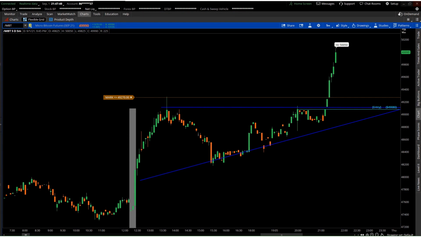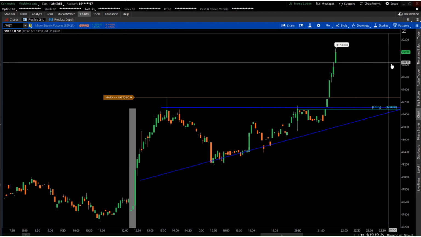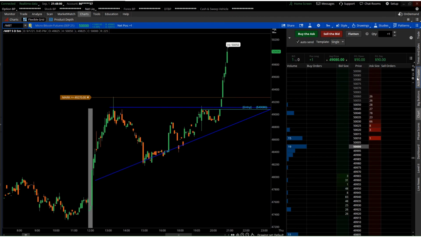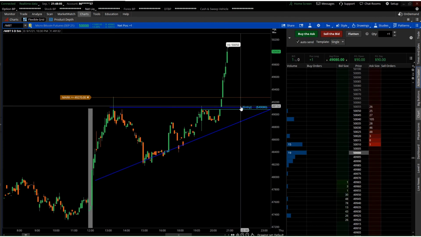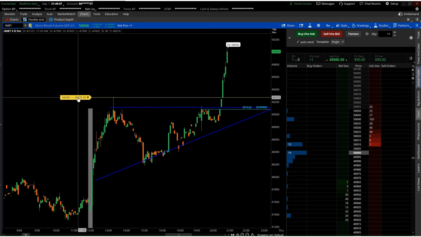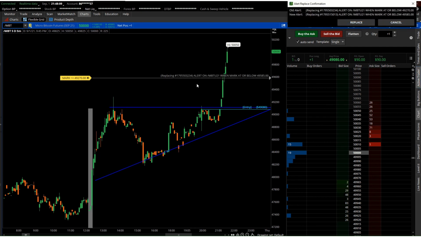So here's a quick update. The breakout I was anticipating just happened a few minutes ago. Now price is up here, and I'm currently up $90 in this trade. So I've moved up my alarm, and I think I'll move it up a little bit more.